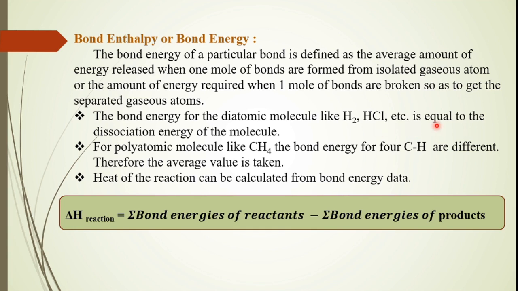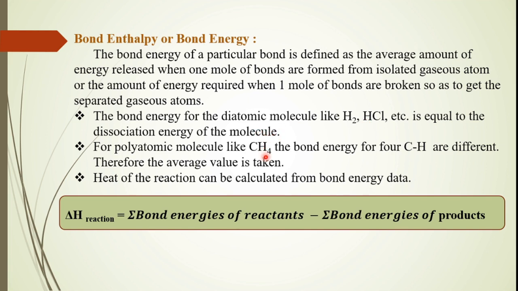Okay, and that is also equal to the dissociation energy of that molecule. Is it okay? The bond energy for a diatomic molecule like H2, HCl, etc. is equal to the dissociation energy of the molecule.